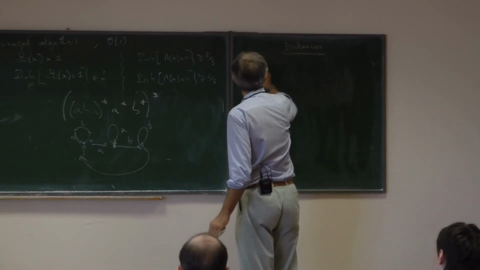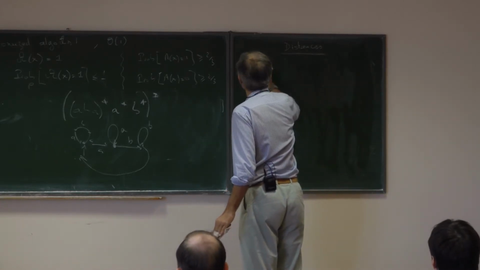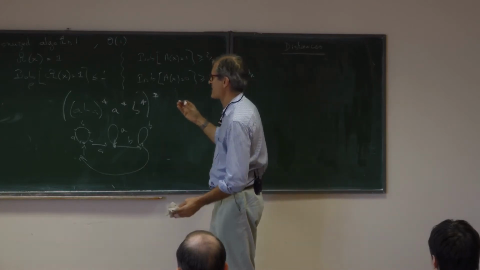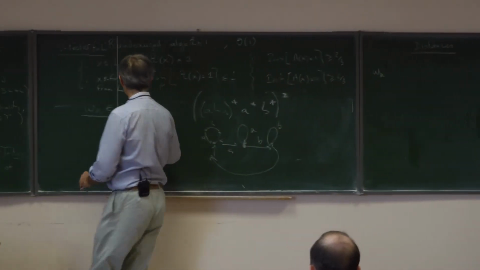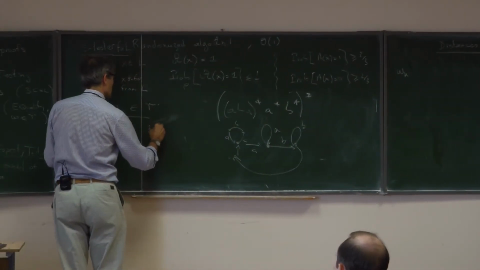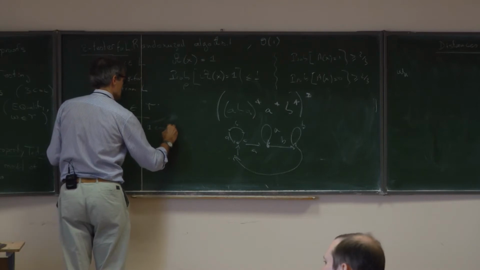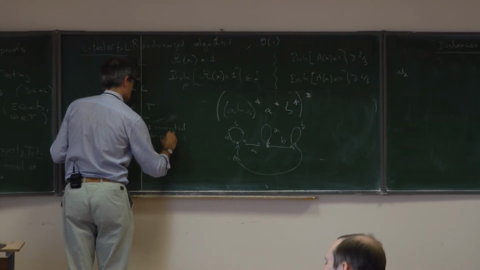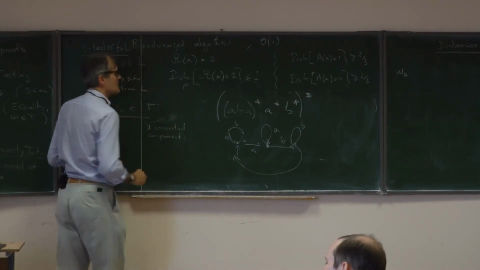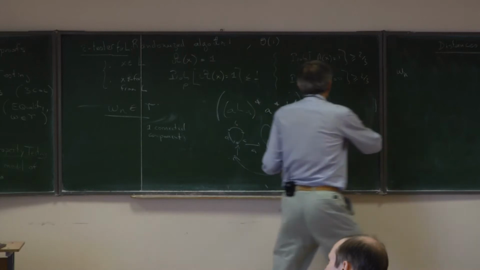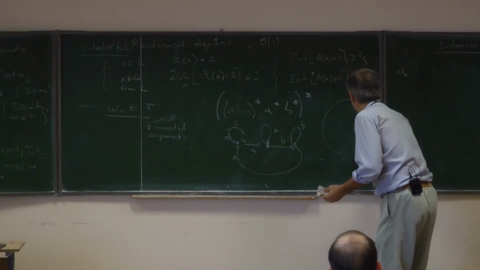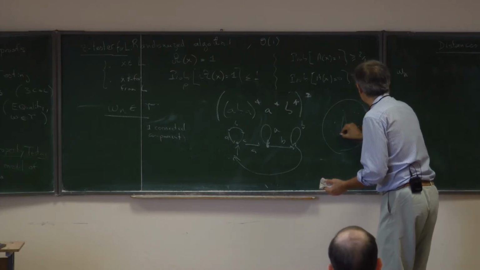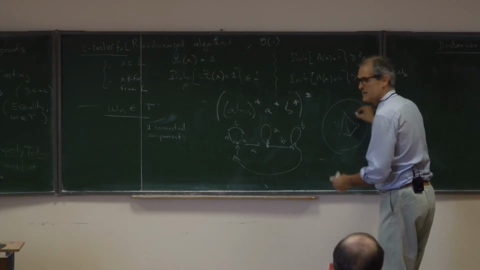So let's assume you have a Wn. And let's assume I have a regular expression which corresponds to one connected component. One connected component is like a graph where you have many points and you have loops everywhere.